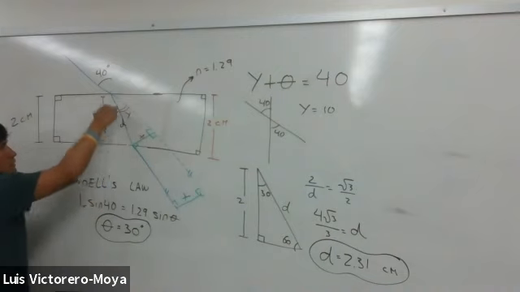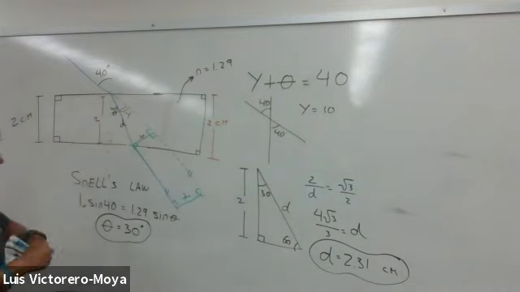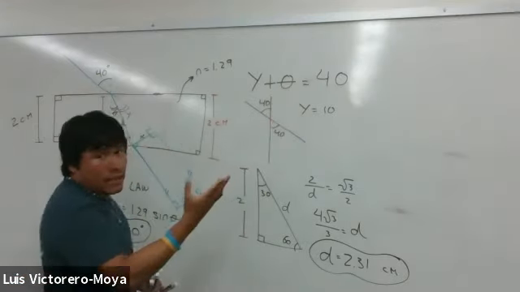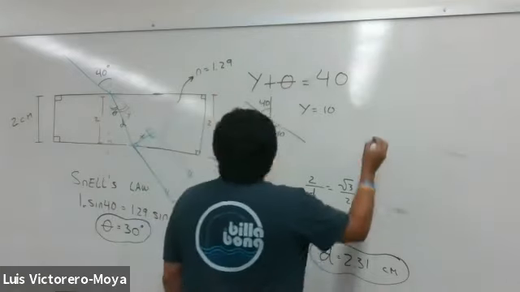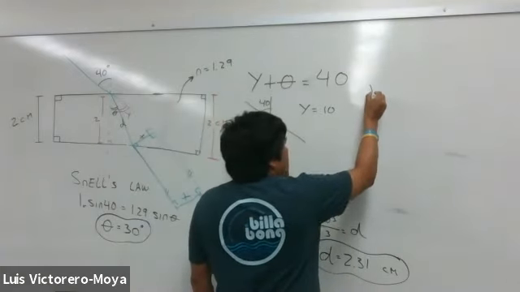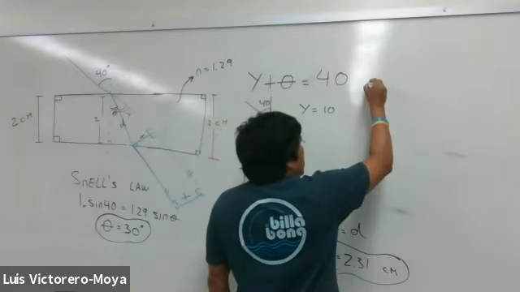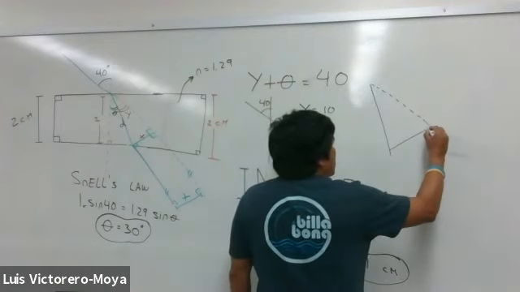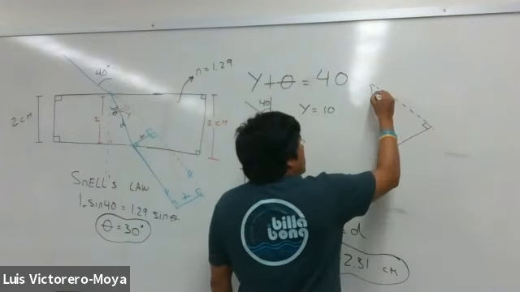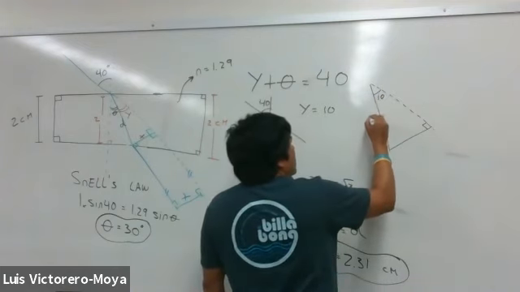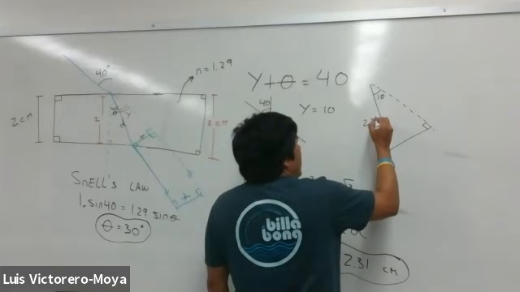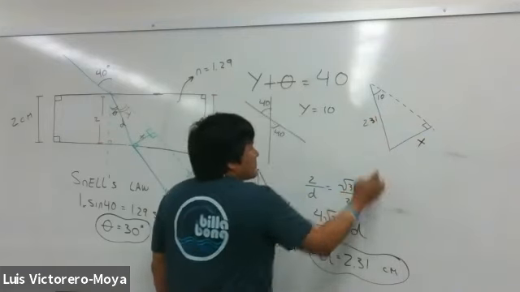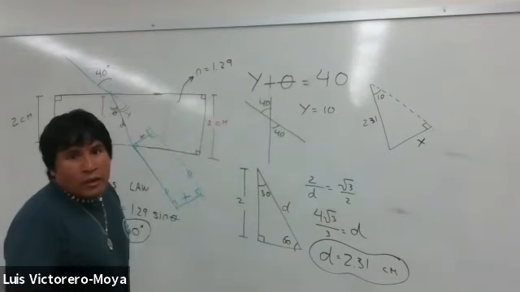All right. So I use this, and then finally, I will use the triangle here. So I have something like this, and then I'm looking at this, right? This is 10 degrees, this is 2.31, and I want X. So what do I use in the triangle?